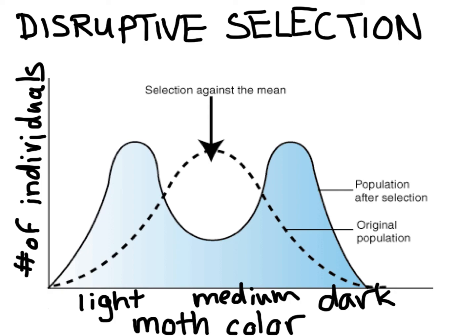Whereas out in the countryside where there was not any soot, the trees remained very lightly colored and the lighter-colored moths did better. The medium-colored moths could not camouflage in either environment, and so they were not as fit. So you start getting these two humps in the bell curve rather than just the one original.